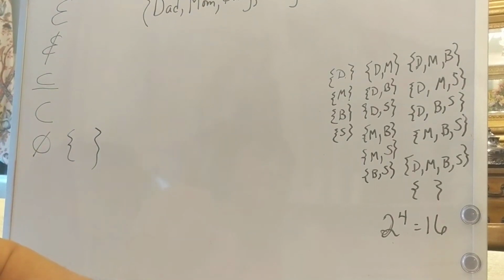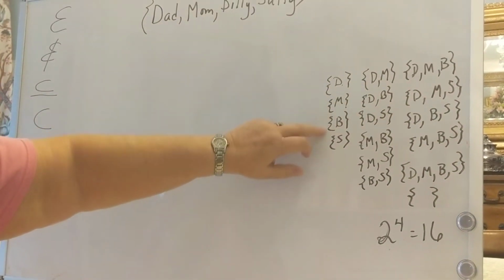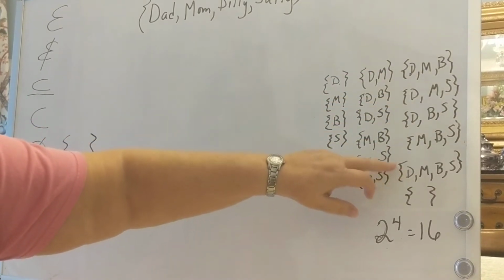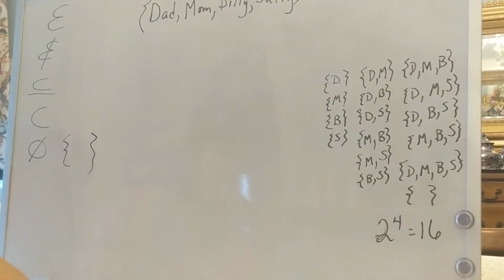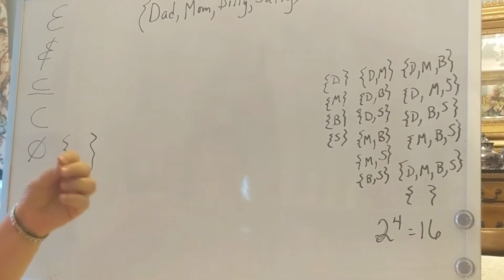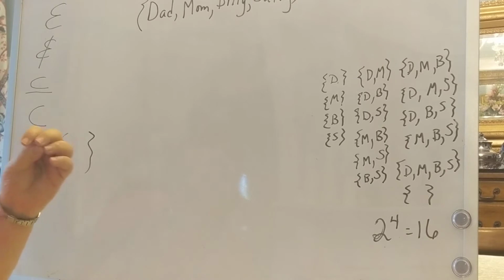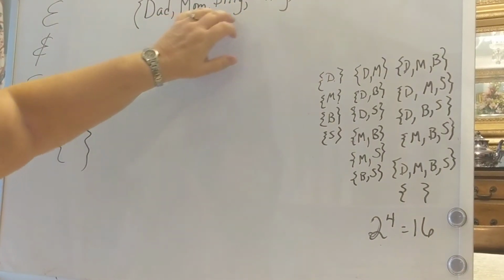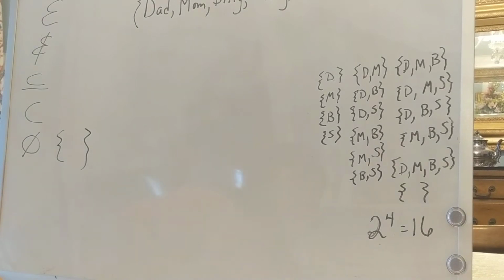Now, if we count those, there are 16 of them: 1, 2, 3, 4, 5, 6, 7, 8, 9, 10, 11, 12, 13, 14, 15, 16. And I knew there were going to be 16 because it's always 2 raised to the power of how many elements you have. 2 to the 4th is 16, 2 times 2 times 2 times 2.